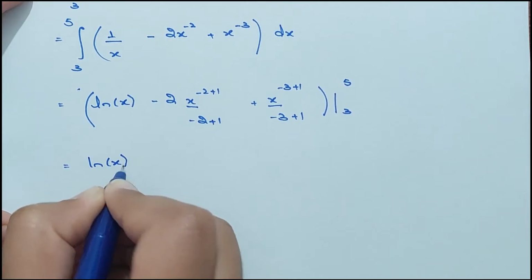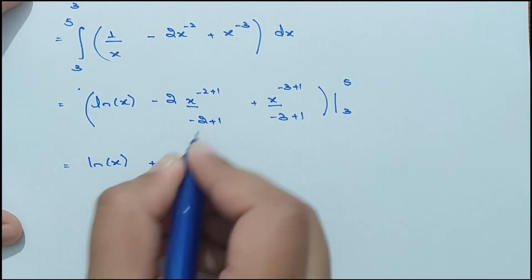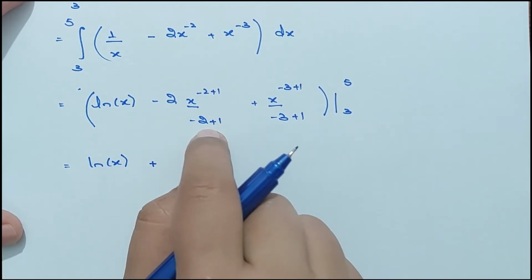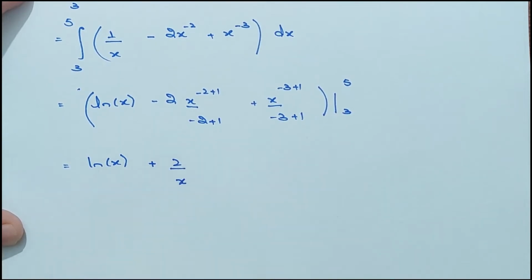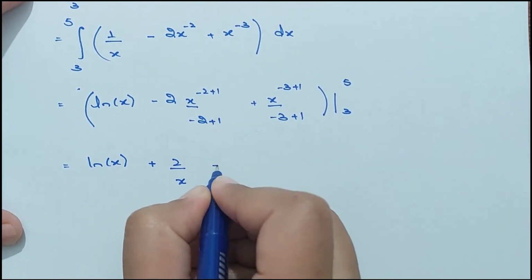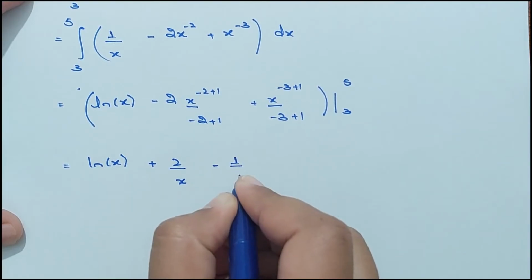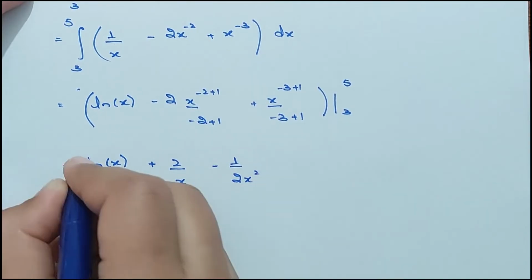Ln x, okay, so this is minus times minus, this is x to the power minus 1 over minus 1, so minus 1 and this minus becomes plus, so 2 over x, right? And this is negative 2 and negative 2, so 1 over negative 2, 1 by 2, yeah, and x square, right?